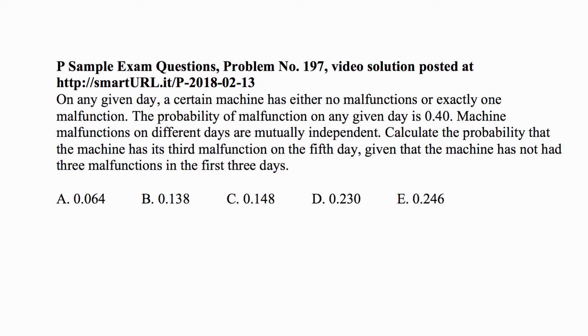Then you are asked to count the number of malfunctions in the number of trials, and the probability distribution that counts how many times you have to fail until you succeed a prescribed number of times is called the negative binomial distribution. If you count only until the first success, then that's the geometric distribution. But if you count until a prescribed number of successes and you count the failures, then that's the standard definition of the negative binomial distribution.